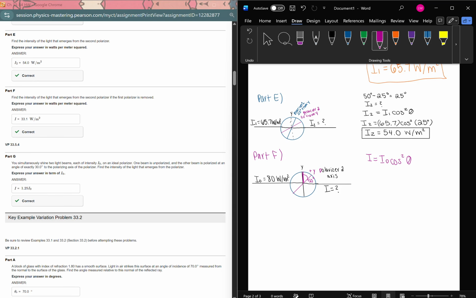I is equal to 80 watts per meter squared times cosine squared of an angle which is 50 degrees.